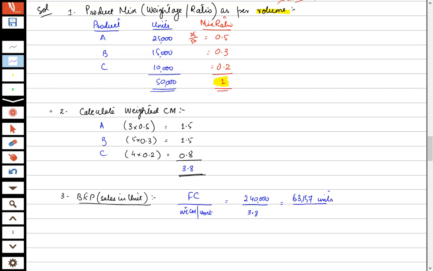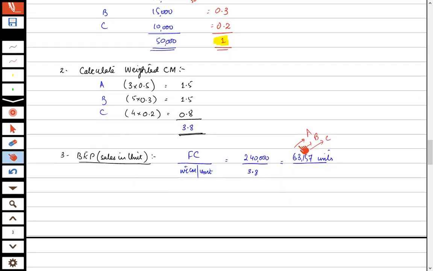Now, one thing is very important to note: this 63,157 includes the units of product A, the units of product B, and also the units of product C. Now the question arises, how much of product A, how much of product B, and how much of product C shall be sold in order to achieve the break even?